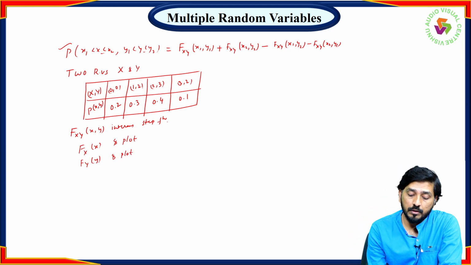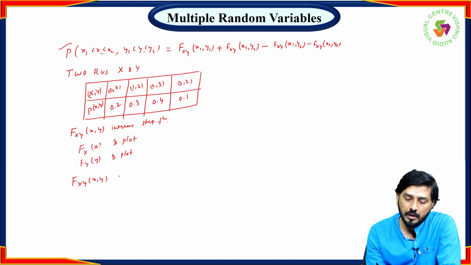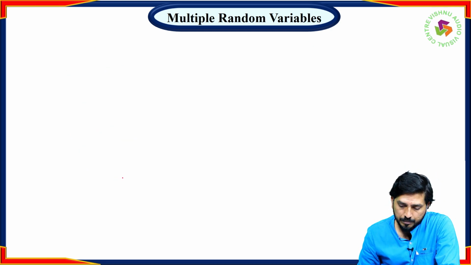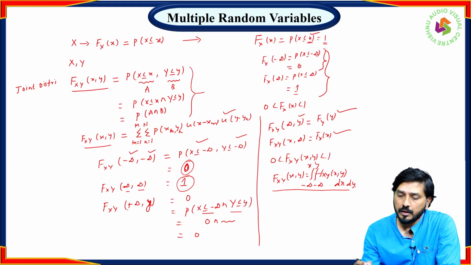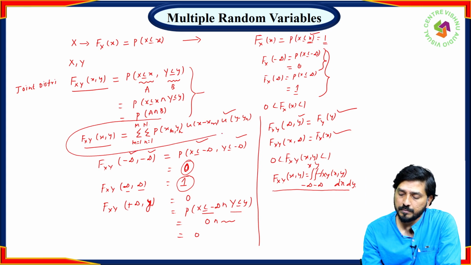Now, first we will go with Fxy of x comma y, the joint distribution function. As we have seen already in the previous case, this is the formula we have to use.